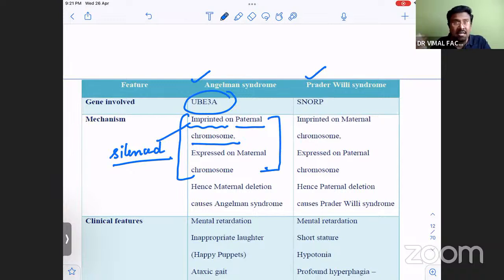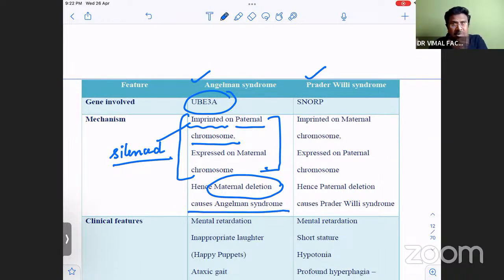Imagine if there is a maternal deletion, and the mother is also not expressing it, then this child will not have this gene at all. So this condition, a maternal deletion, causes Angelman syndrome.